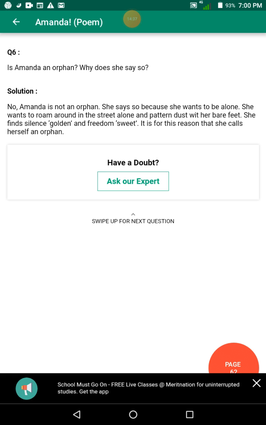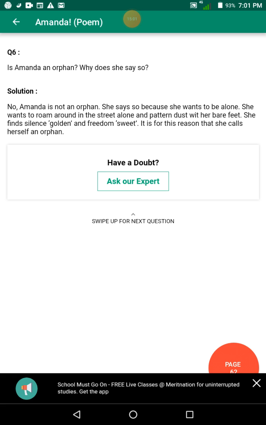Please make it clear, alone is different. Orphan is different. Orphan is nobody to support her, nobody to be with her. Here she is not an orphan. She says so because she wants to be alone.